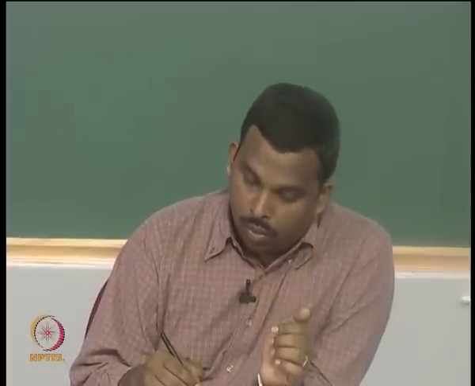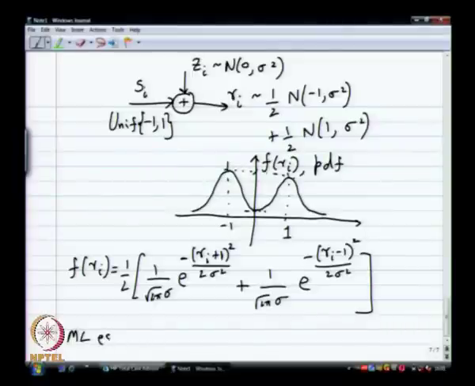So let us write that down also, the ML estimate or the maximum likelihood estimate. You can also compute it correctly. I think most of you should have enough experience to know what I mean when I say this.